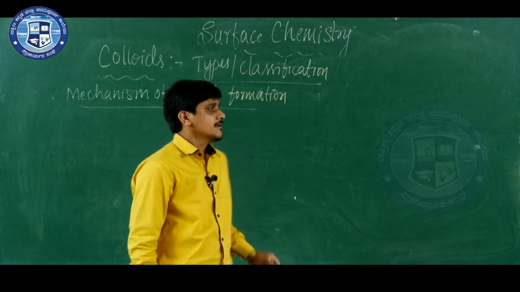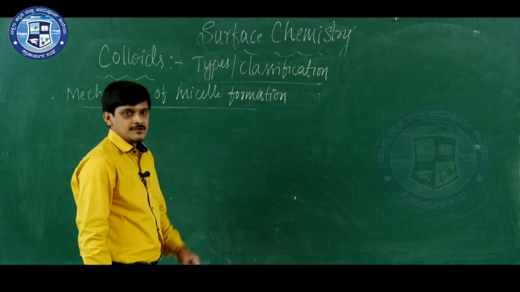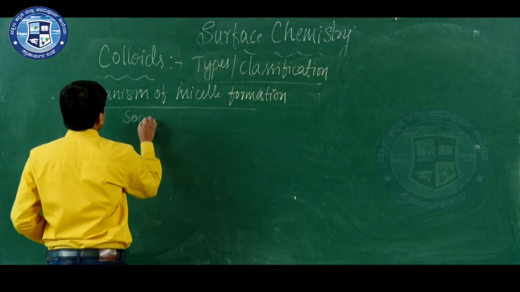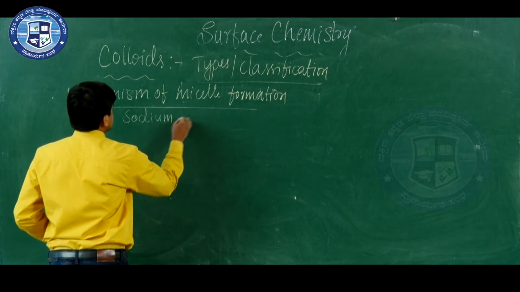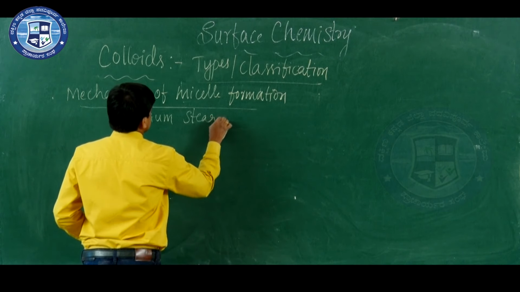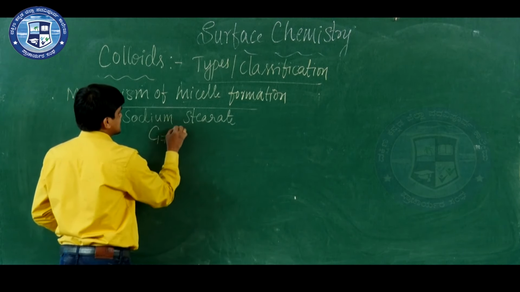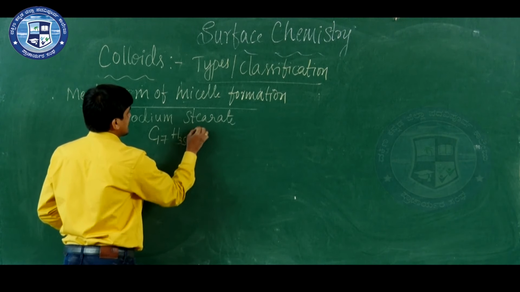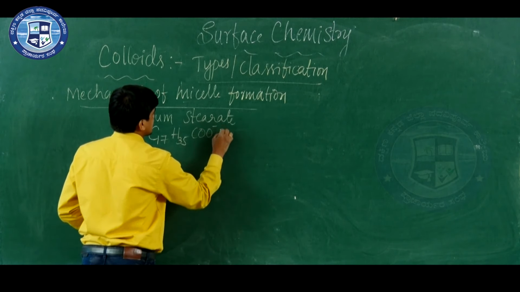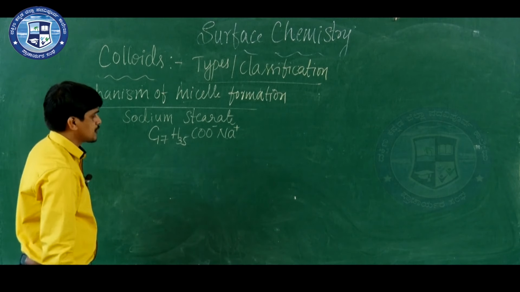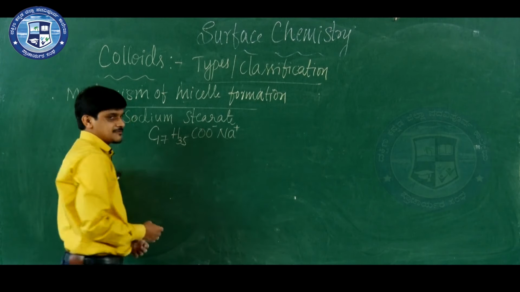Now we will take sodium stearate as an example. The molecular formula of sodium stearate is C17H35COO minus Na plus. This sodium stearate has a negative part and a positive part.